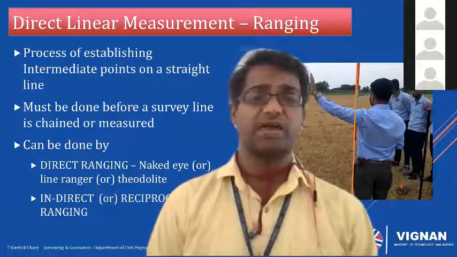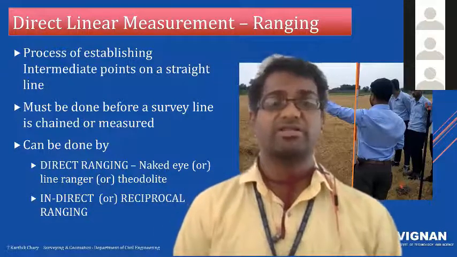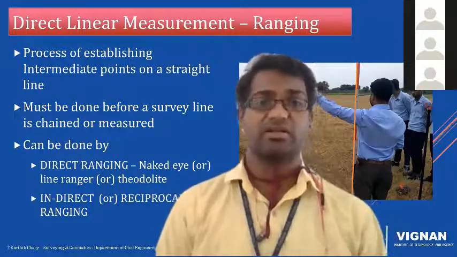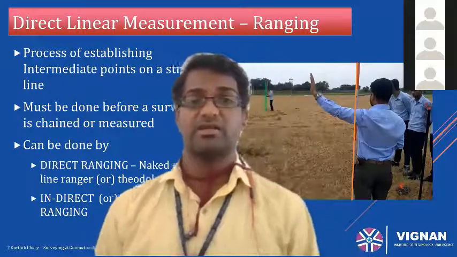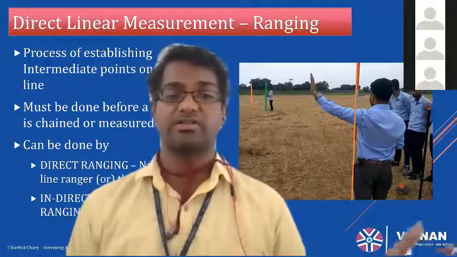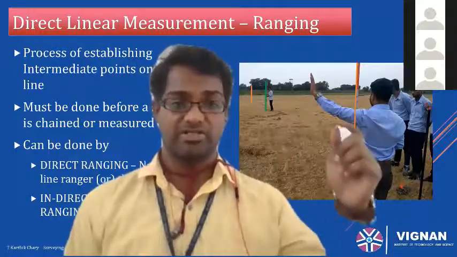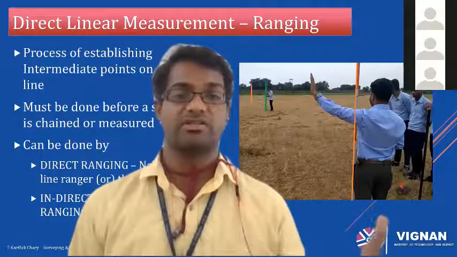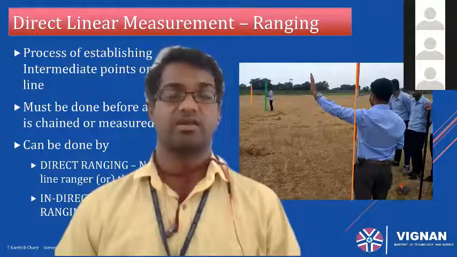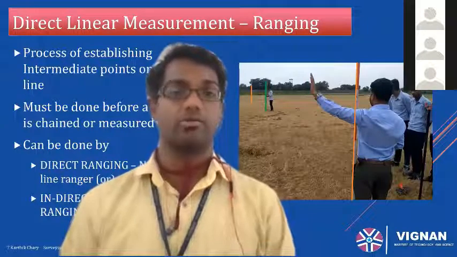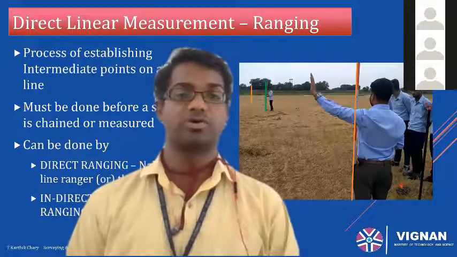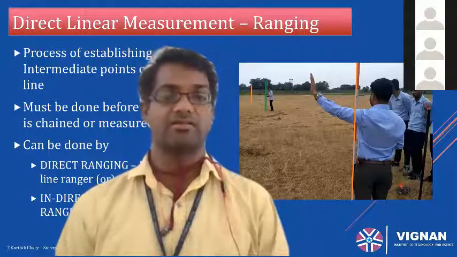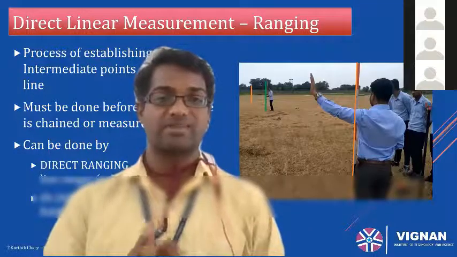This can be done either by direct ranging or indirect ranging. What you can see here, the gentlemen doing this, is direct ranging. The gentleman at the front is instructing the follower to move towards his left-hand side, looking through his naked eye.